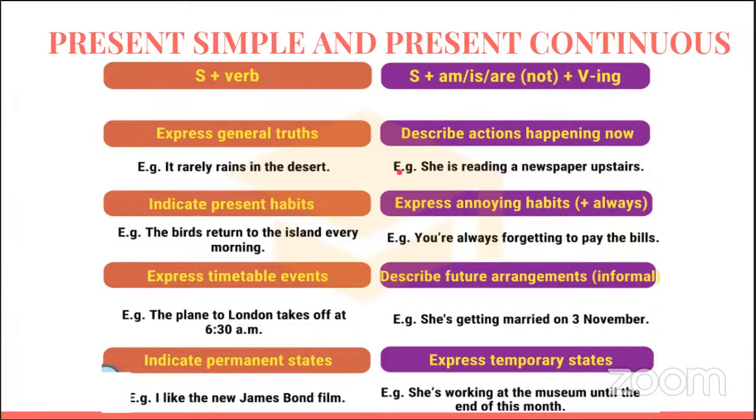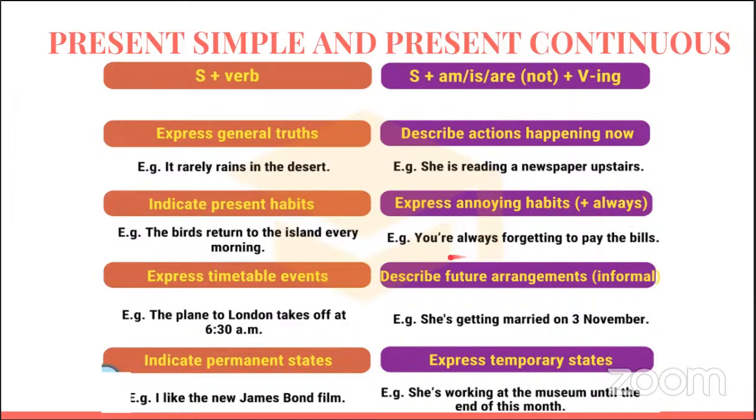For example, please. She is reading newspapers upstairs. All right. And also to express annoying habits. Please, the example. You're always forgetting to pay the bills. Very good. Also, we can use always, adverbs of frequency.